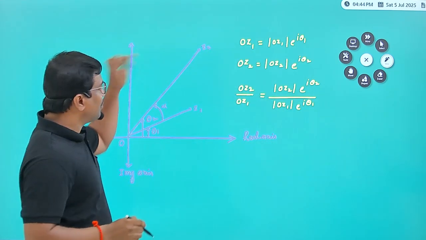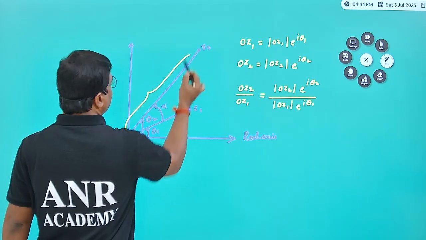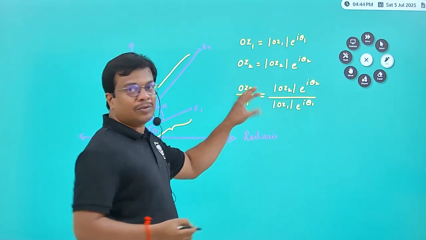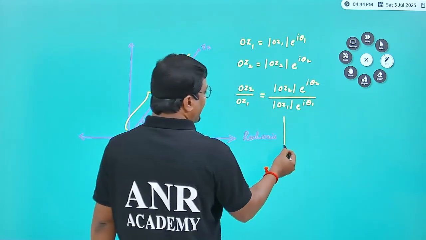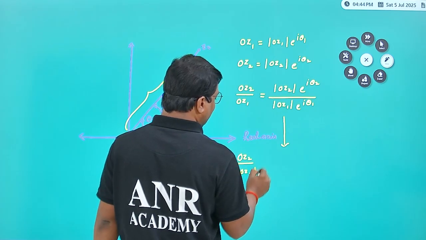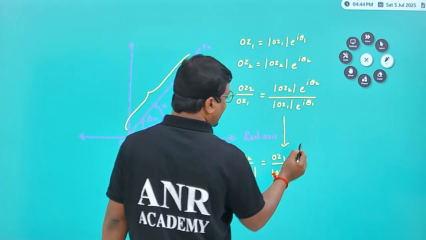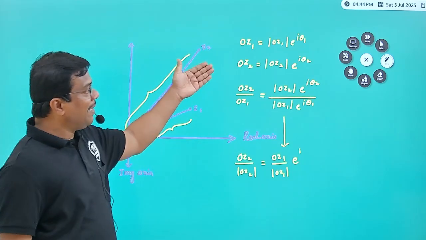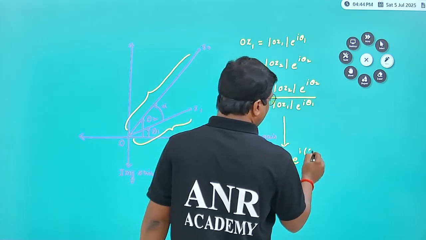And OZ1 and OZ2 are of different lengths. This is large and this is smaller. So you have to write modulus OZ2 and modulus OZ1 as they are. And in the next step, you will get OZ2 divided by modulus OZ2 value, that becomes OZ1 divided by modulus OZ1 into e power I theta 2 divided by e power I theta 1, that is e power I (theta 2 minus theta 1).